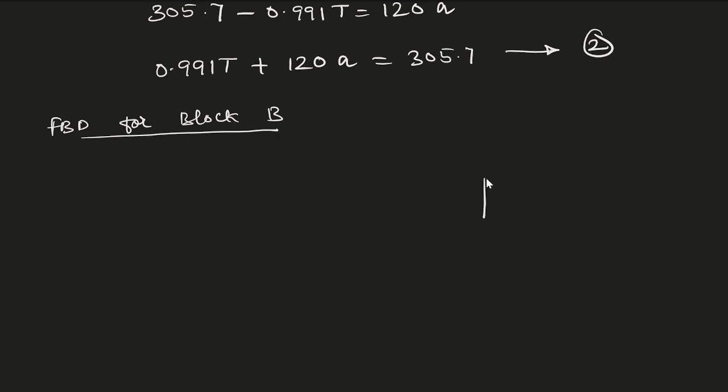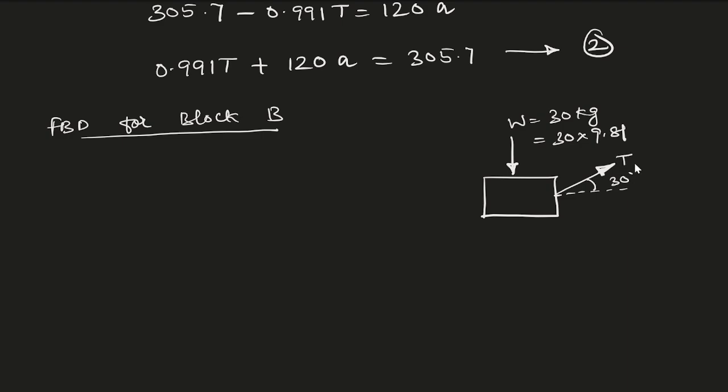Here we'll have the weight, 30 kg, which you can multiply by 9.81 to get it in Newton, and again the tension T at 30 degrees. It can be resolved into two components: T cos 30 and T sin 30.